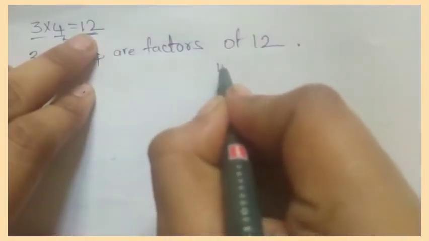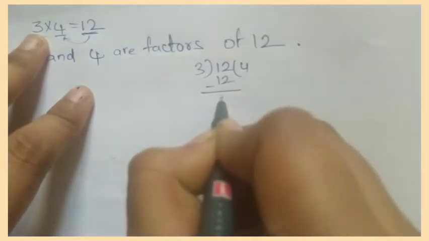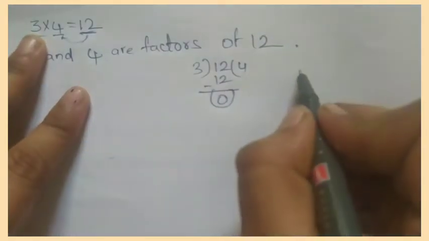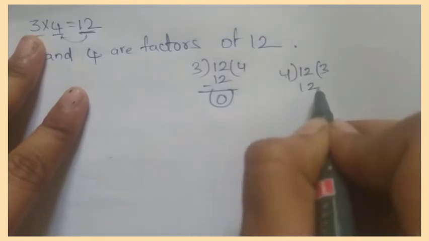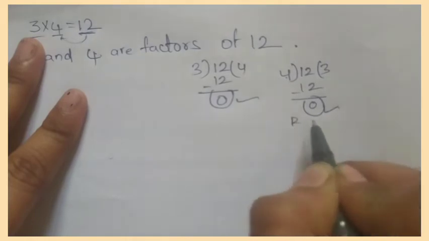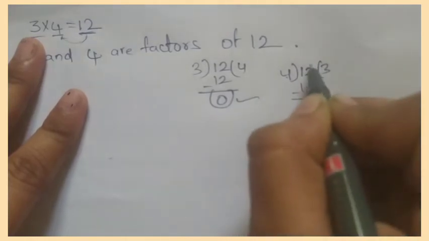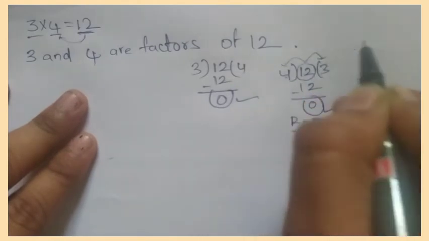If we divide this 12 by 3, 3 fours are 12, we get remainder 0. If we divide the same 12 by 4, 4 threes are 12, 12 minus 12 is 0, so we get remainder 0. If you get remainder 0, then this number has these two factors.